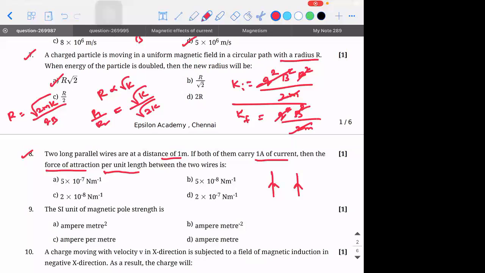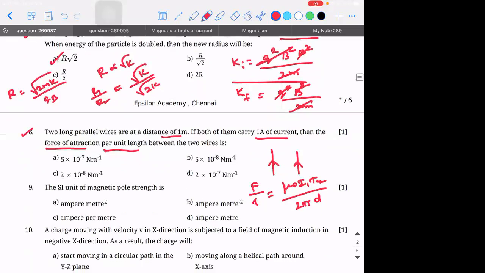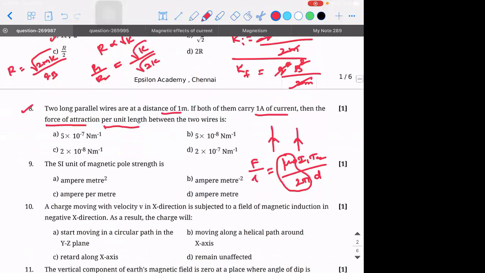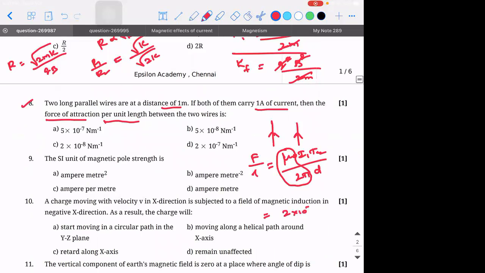So force of attraction per unit length, F divided by L, is mu naught I1 I2 divided by 2 pi D. So mu naught divided by 2 pi is how much? 2 into 10 power minus 7. I1 into I2 is 1, divided by distance, which is also 1. So 2 into 10 power minus 7 is the answer. Correct? Next.